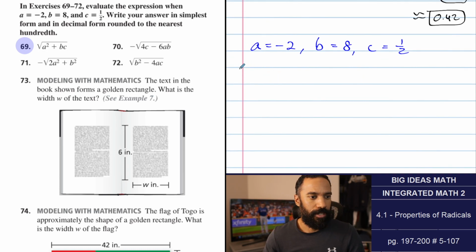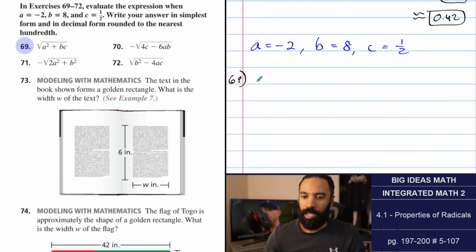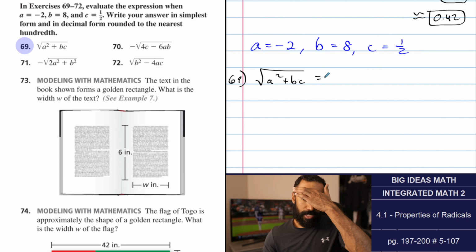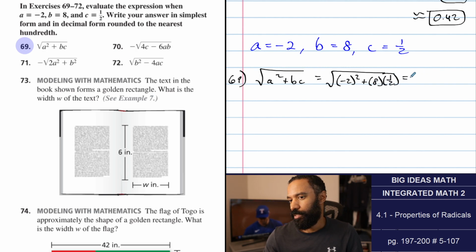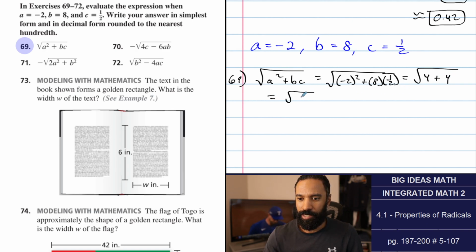So number 69. Square root of A squared plus B times C. All right, we're going to get square root of -2 squared plus 8 times 1/2. This is square root of 4 plus 4, which is square root of 8.